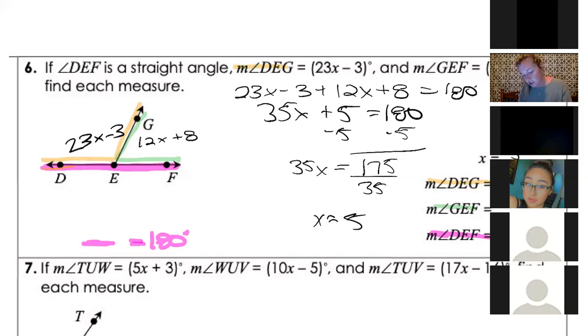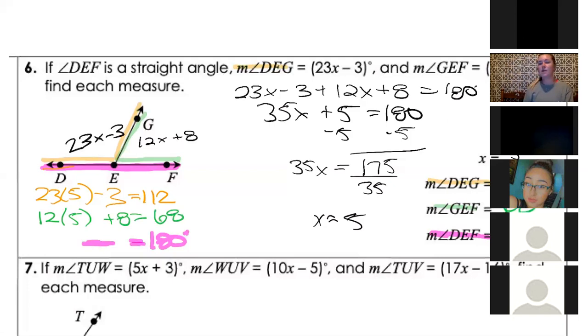Next, we have DEG. I'm going to write in orange to help you. So we fill in 23 times 5 minus 3. 23 times 5 equals 115. Subtracting out 3 gives us 112. Then in green, we have 12 times 5 plus 8, which equals 68.